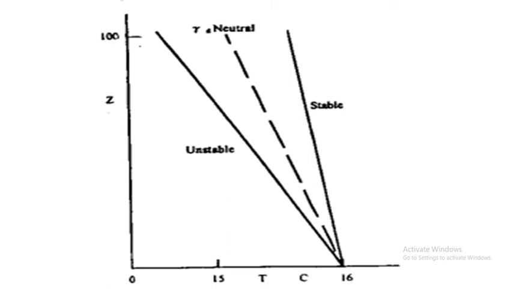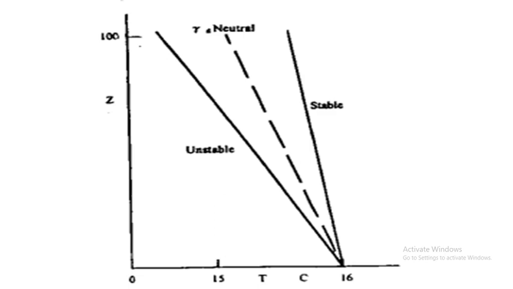The temperature lapse rate is 0.98 degrees Celsius for every 100 meters, when the atmosphere is dry air and the movement of the air mass is supposed to be adiabatic. What is adiabatic? There is no heat loss or gain. It is called dry adiabatic lapse rate. The symbol of dry adiabatic lapse rate is gamma D.